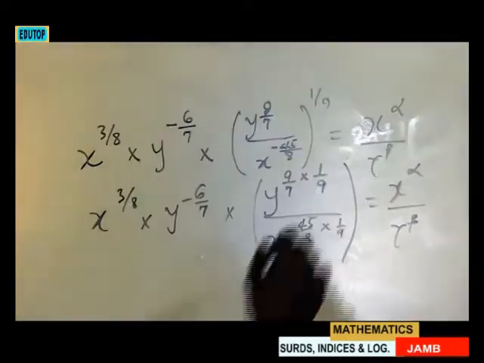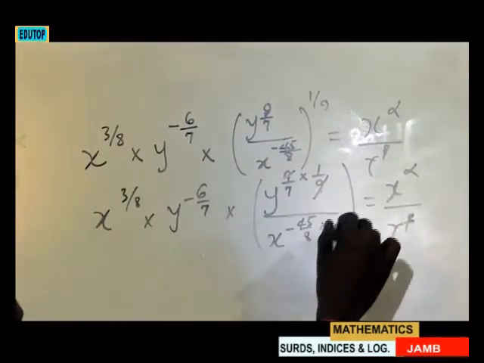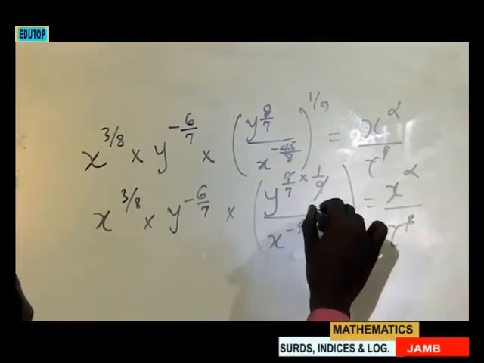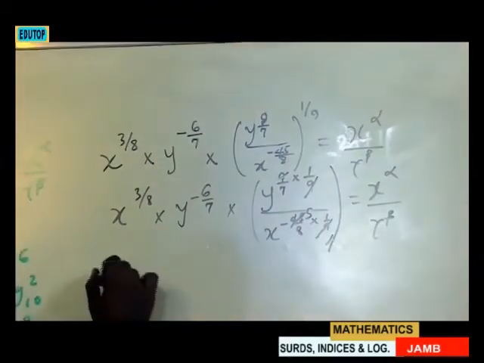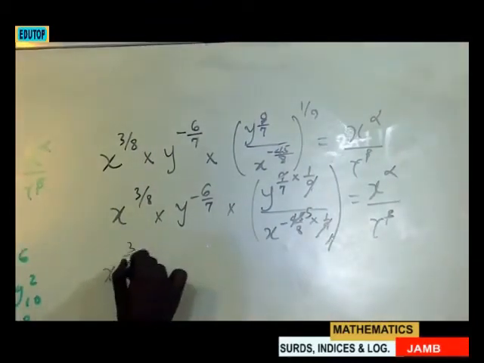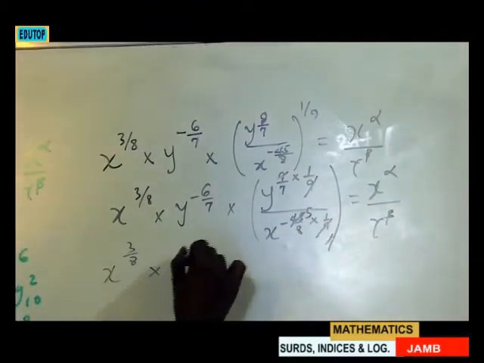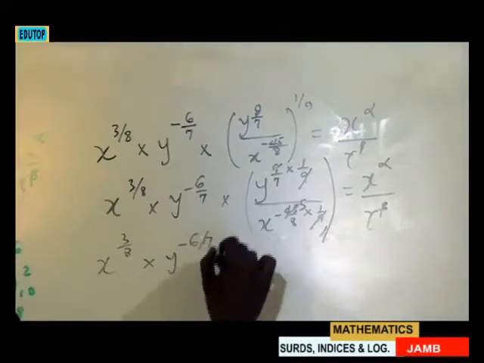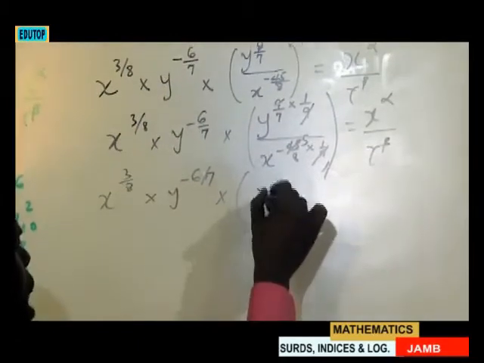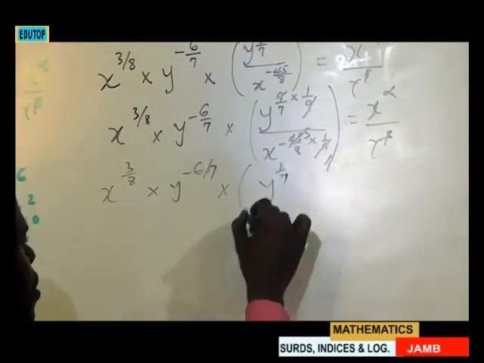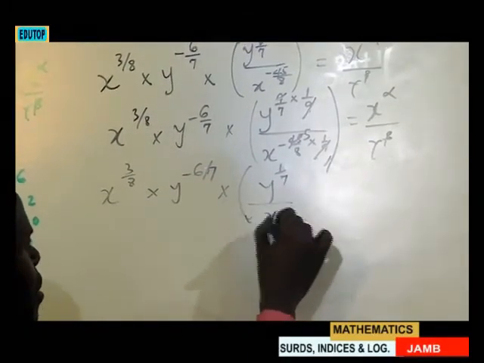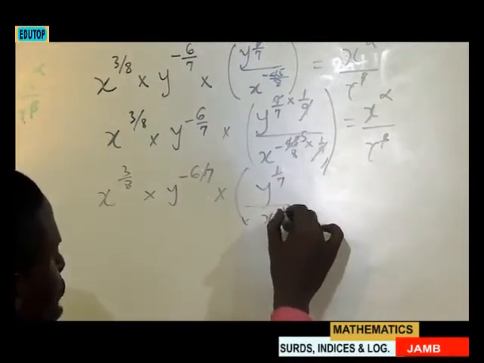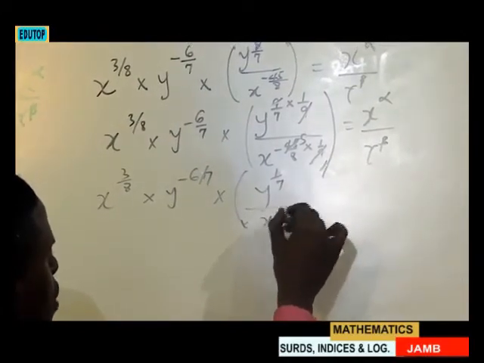Now, this 9 can cancel this 9. This 9 here 1, 9 here 5. So I have x^(3/8) times y^(-6/7) times y^(1/7) divided by x^(-5/8).